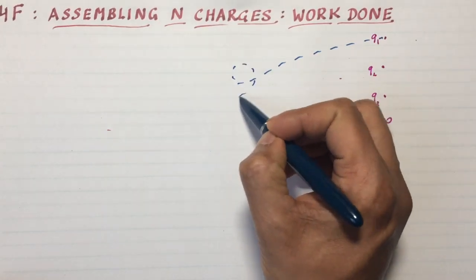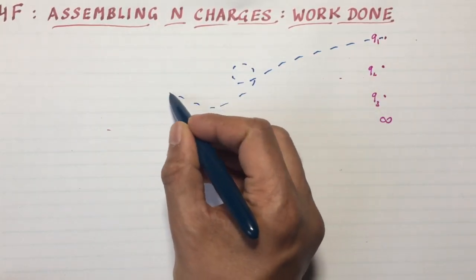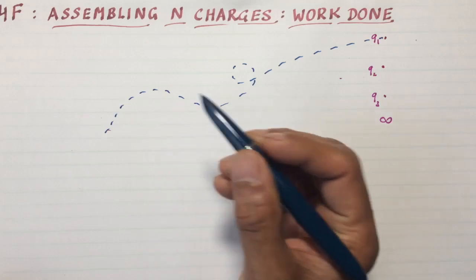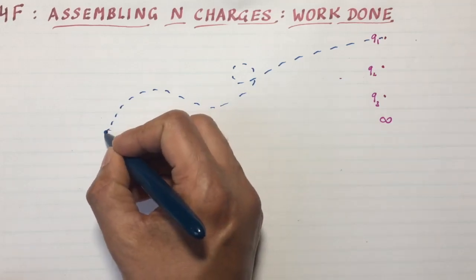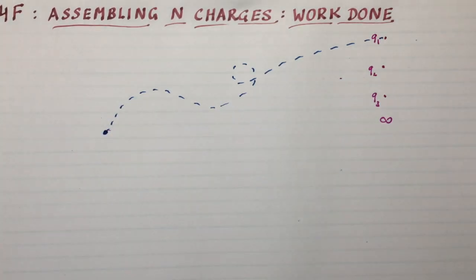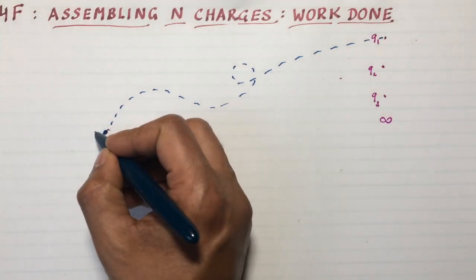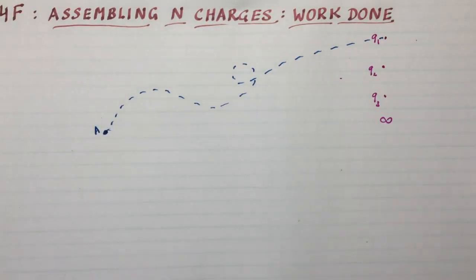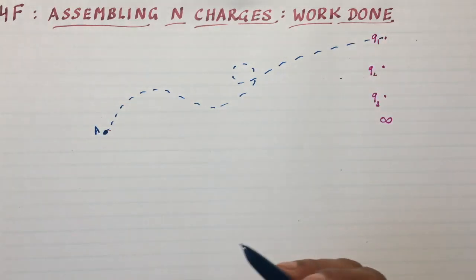It really doesn't matter what path you choose, because potential energy in electrostatics is conservative. So let's bring it to some point A. Now the potential at point A before I brought the charge in was 0, and the potential at infinity is also 0.